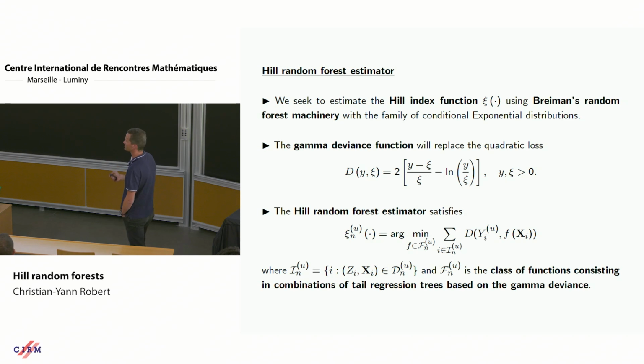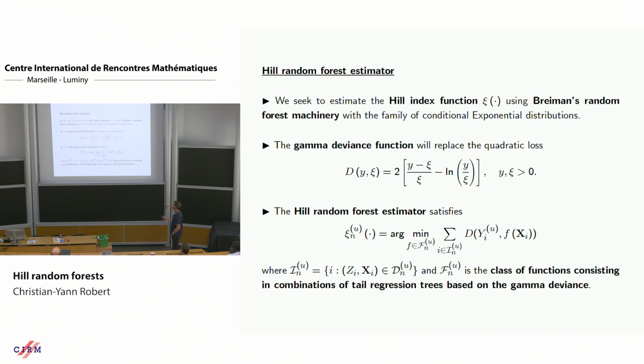The estimator we propose, the Hill random forest estimator, minimizes not the sum of the squares, but the sum of the deviance between the observation y_i of u, which depends on the threshold, and your model f of xi. So you now have to define the class of functions for f.